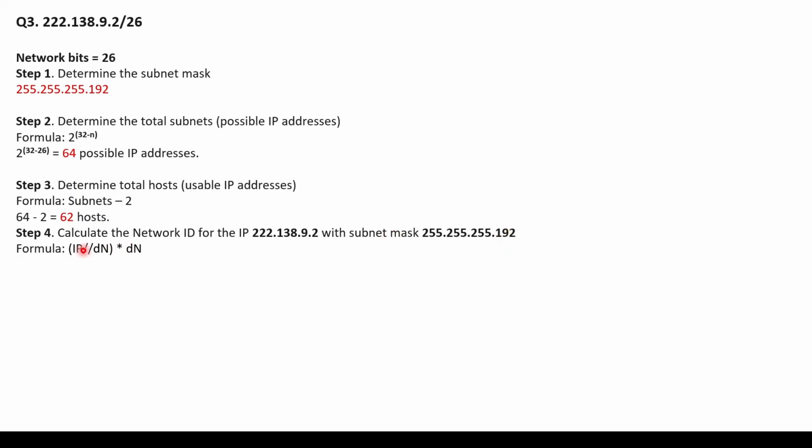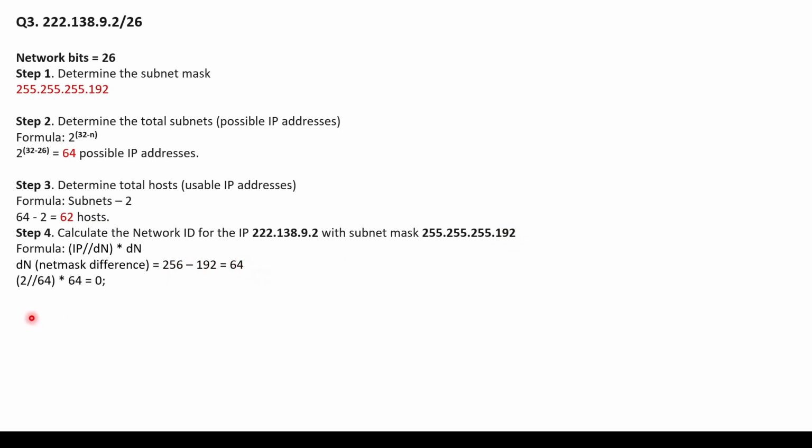Remember, what is our IP? Our IP here is the IP address at the octet of interest. In this place, we have 2. This is the IP we are interested in. What is our delta n? It is the difference between 256 and the subnet mask at the octet of interest, which is 192. So when we subtract that, we have 64.